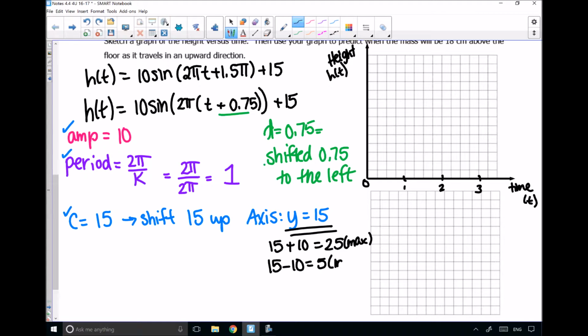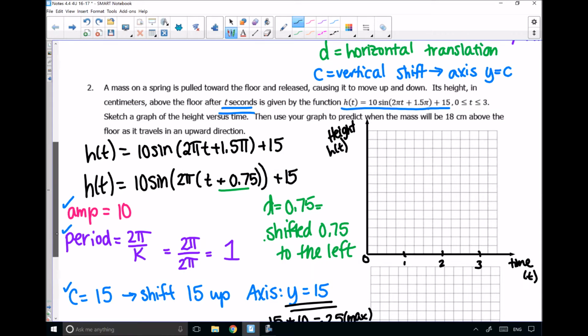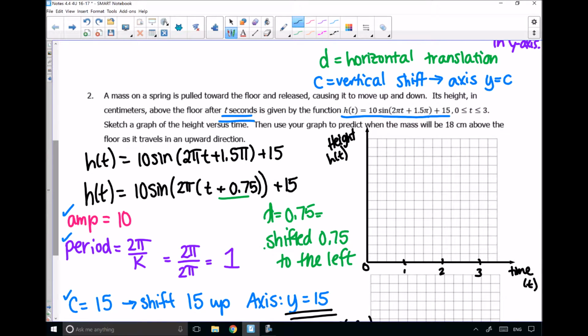So it's going to be 5. So I know my minimum is going to be 5. So I think if I need to go from 0 to 25 somehow, if I go up by 2s, I think that would be an appropriate scale. So 12, 14, 16, 18, 20. And then this right here doesn't go quite up to 30, so I'll just say that it's 28.